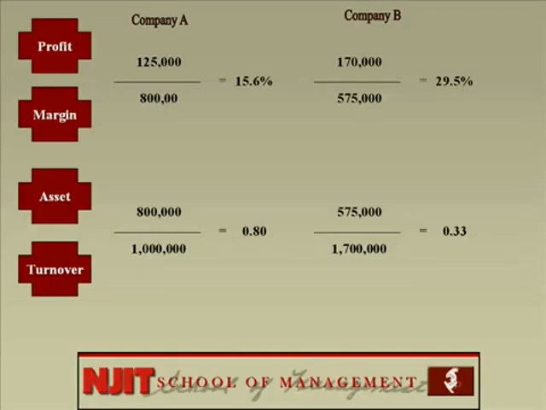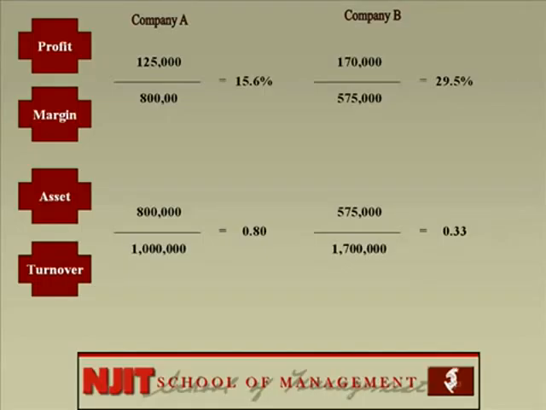Generally, the higher the profit margin, the better the job the company is doing controlling costs. The lower the profit margin, the worse the job the company is doing with respect to controlling costs. So the higher the better. Overall, B is doing a better job controlling costs.